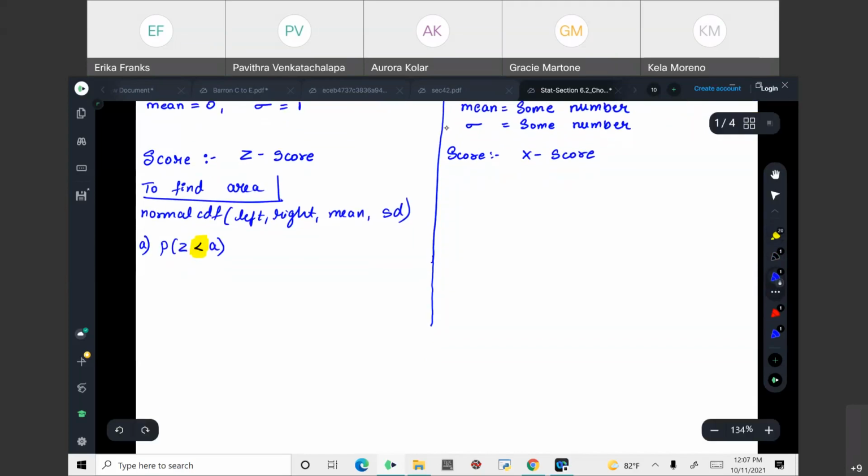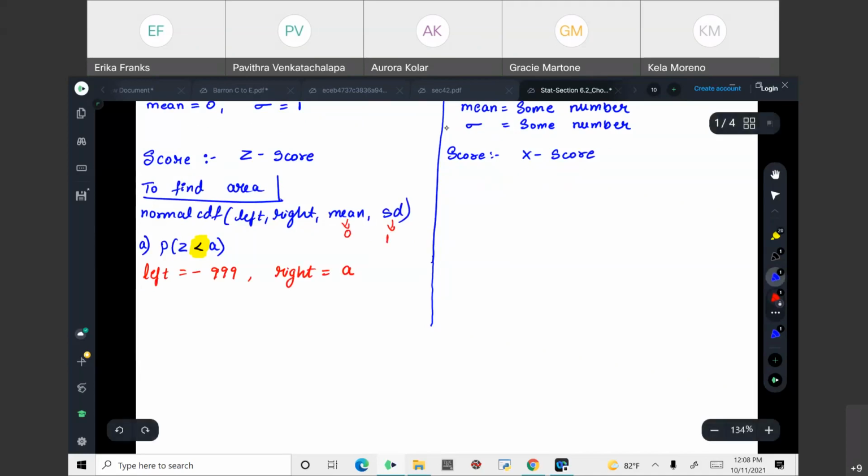If the Z score is less than A, then your left score will always be negative 999 and your right score is the number mentioned in the question. And mean and standard deviation are always 0 and 1. You have to keep that in mind.